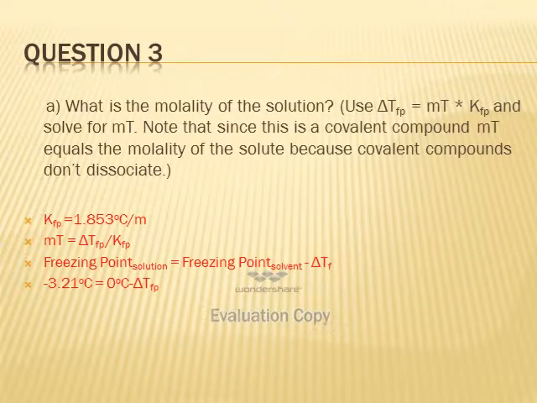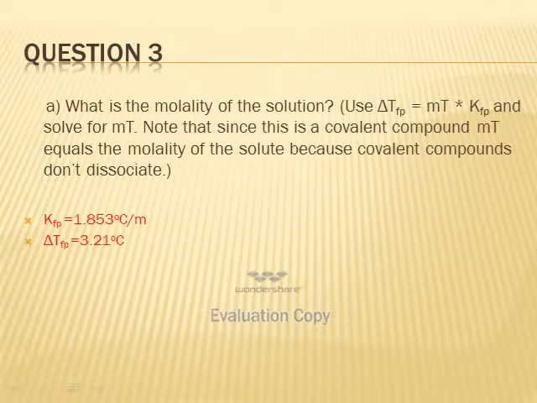Now, using our formula sheet, we know that freezing point of solution equals freezing point of solvent minus delta TFP. Freezing point of the solvent is 0 Celsius, and freezing point of the solution is negative 3.21 Celsius. We are now able to solve for delta TFP.